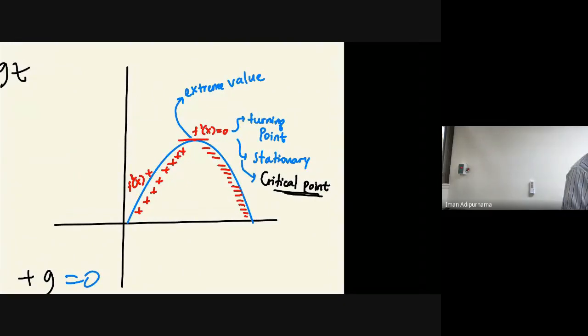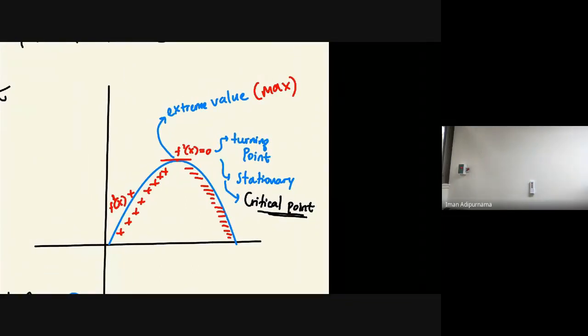In this case, this is a maximum. If we are just observing this function like this, then we call this point the absolute maximum. But if the actual function is really big and this is only part of the whole function, we call this a local maximum.